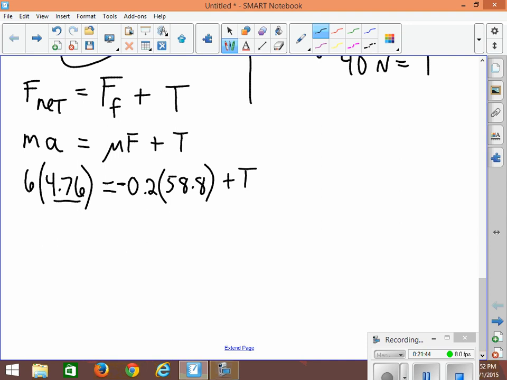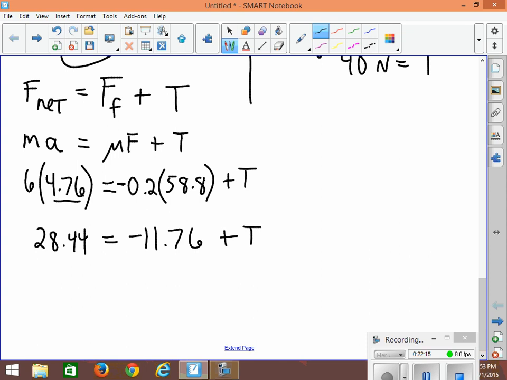And now we have to do a little bit more of our multiplying here. So we do 6 times 4.76, and that comes out to about 28.44-ish, give or take. And then we do 0.2 times 58.8, which is 11.76, I believe, and it's a negative number plus the tension.